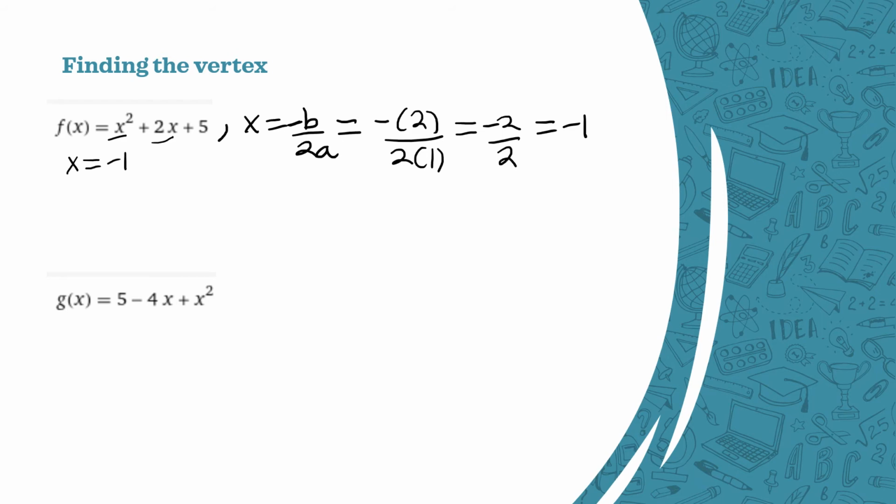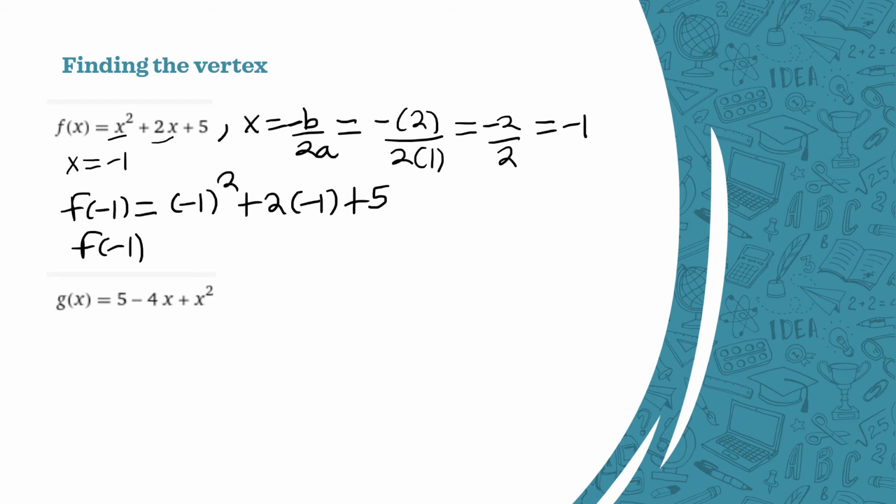To find the next one, I have to plug in negative 1 for every x. So f of negative 1, again I put in parentheses wherever I'm plugging in the value for x: negative 1 squared plus 2 times negative 1 plus 5. First off, negative 1 squared is 1. 2 times negative 1 is negative 2.